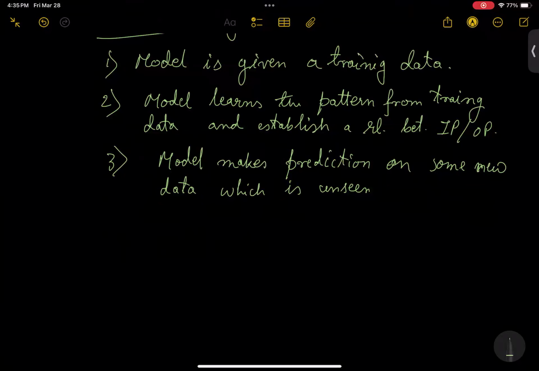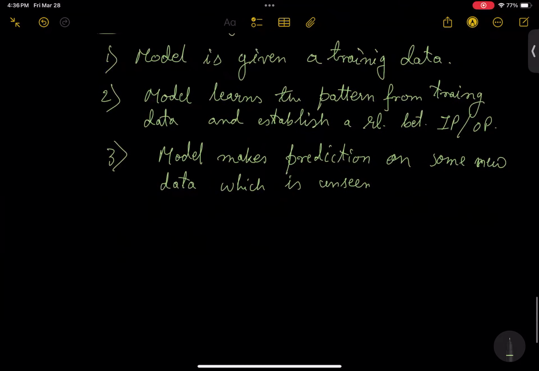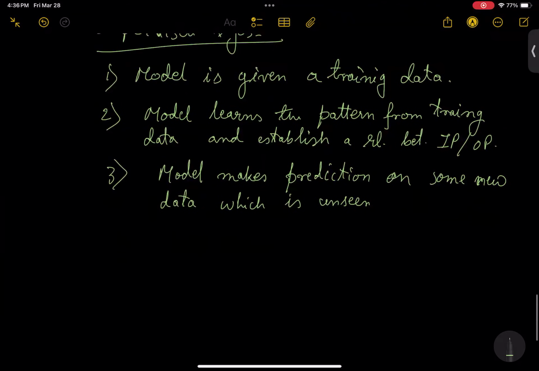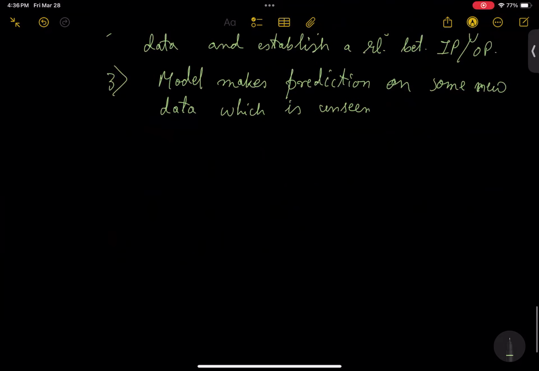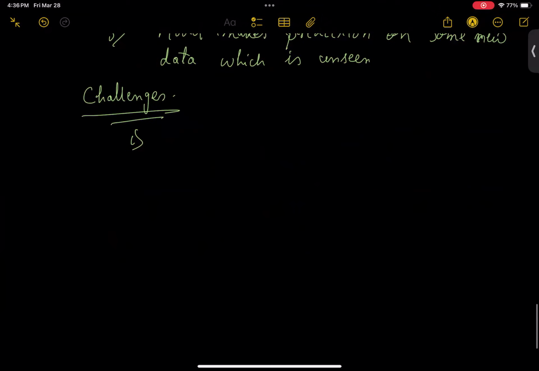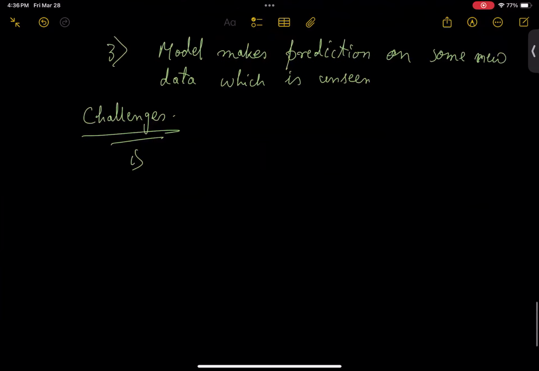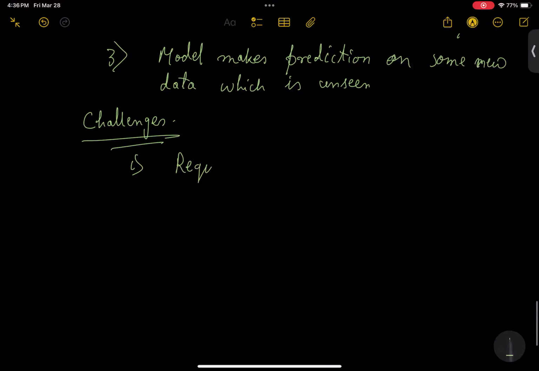Yeah, clear. Okay. So there is a challenge to it. The challenge of the supervised algorithm is this, and have a very clear understanding. So we are talking about supervised algorithms, correct? The biggest challenge is, you can tell me, what is it? Required labeled data.